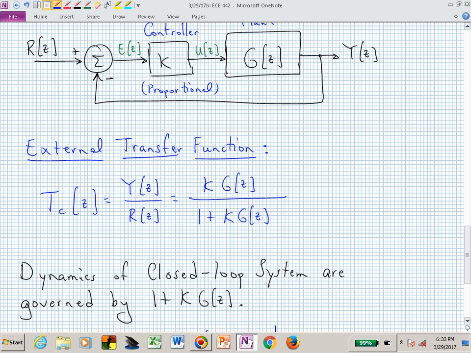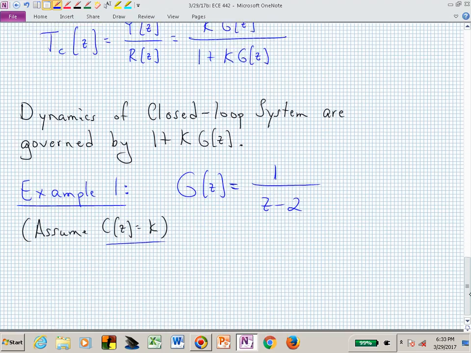We want to know, how can the zeros of this expression be influenced by manipulating K? So we adjust K, we then set that equal to 0 and see where the zeros of that expression end up. Let's look at an example.